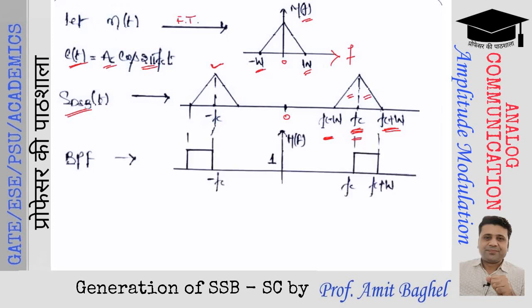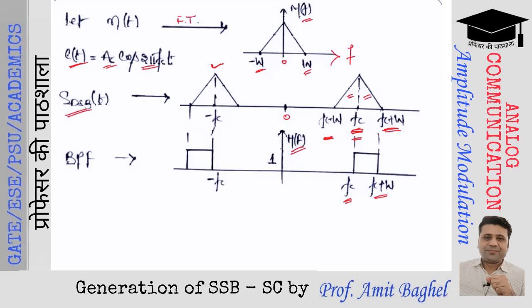The band pass filter will have a mathematical expression H(f). And this band pass filter is designed in such a manner that its cutoff frequency ranges from fc to fc plus W. That means it is going to pass the upper sideband of the frequencies.